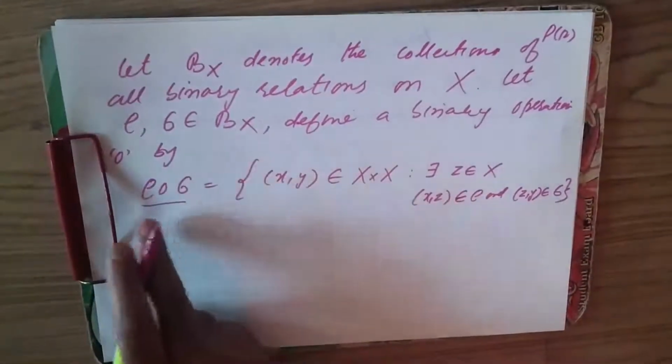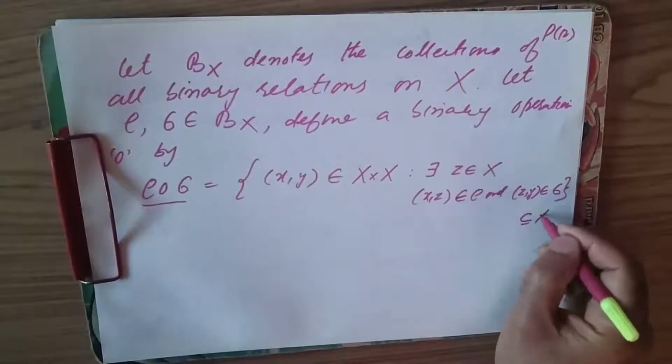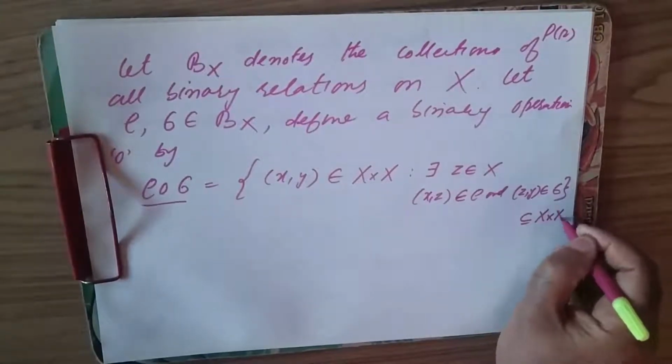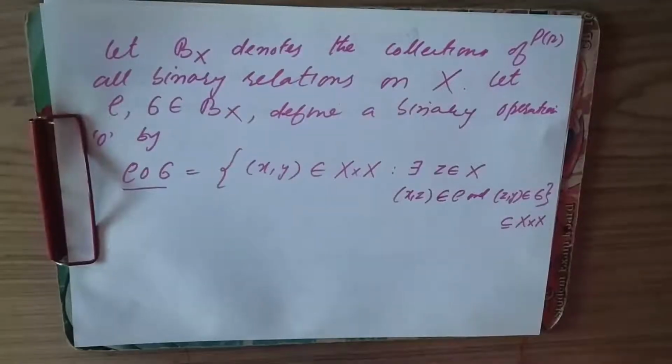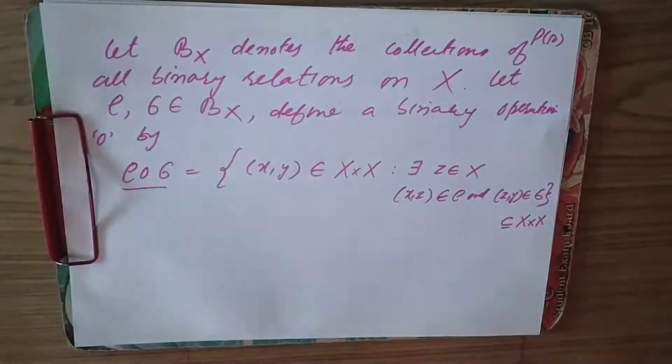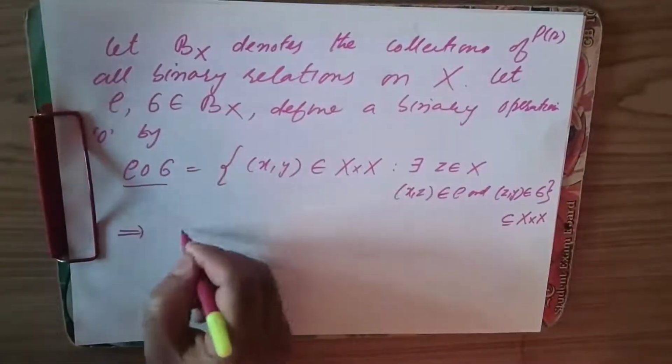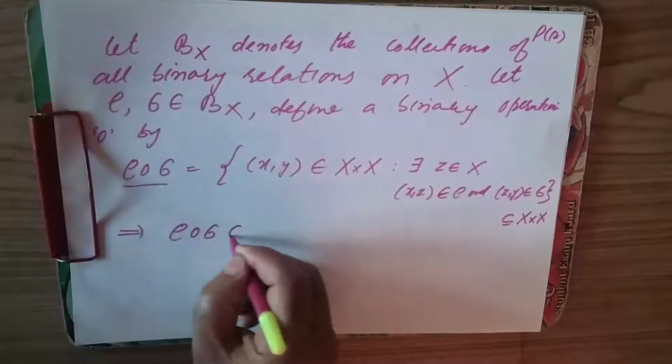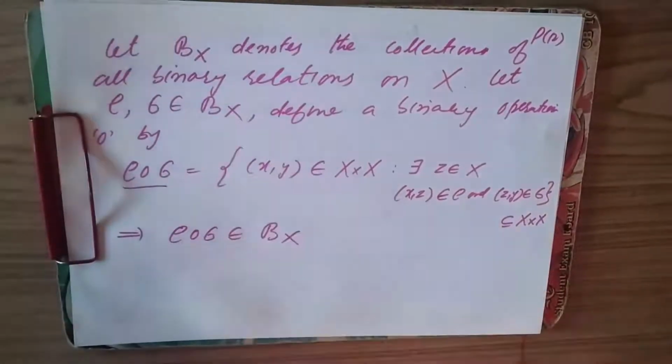That's a binary operation because clearly it's a subset of X cross X, a binary relation on X. So rho O sigma is in B_X, and it's a binary operation on B_X.